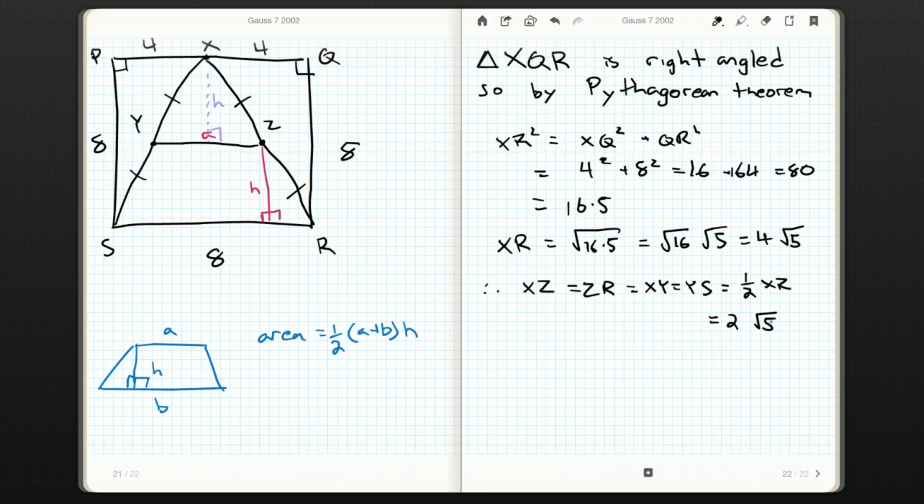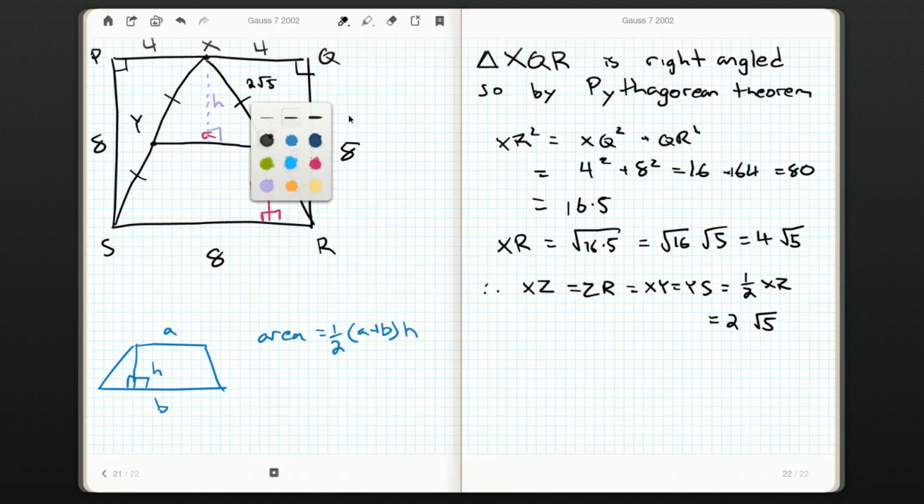So we have 2 root 5 here, so we could fill that in. We'll fill it in a little bit. I don't want to clutter up this diagram too much. So I have a little extra information here. Now, I want to get to this height here.